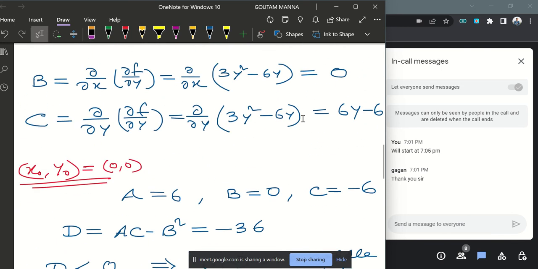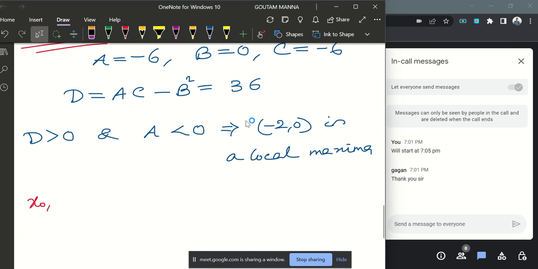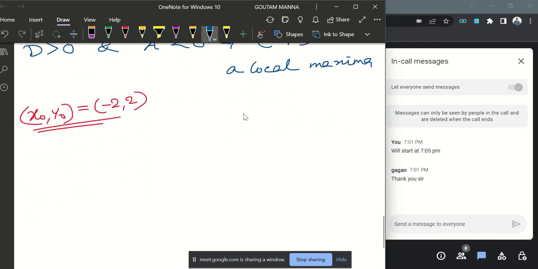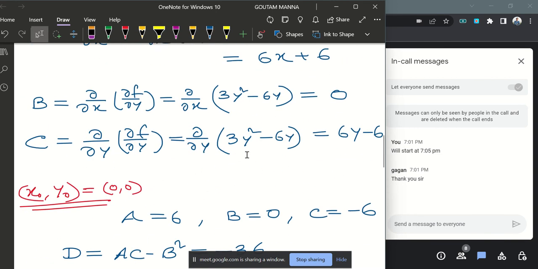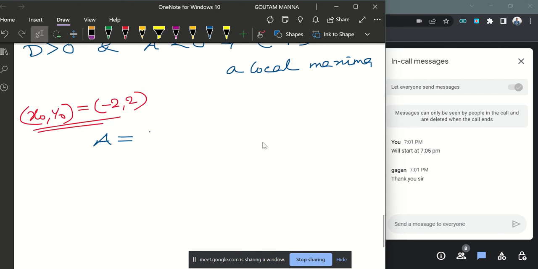So the point left is (-2, 2). For x0, y0 equals (-2, 2), a is 6x plus 6. Now if you put x equals to minus 2, it will be minus 12 plus 6, which is minus 6.